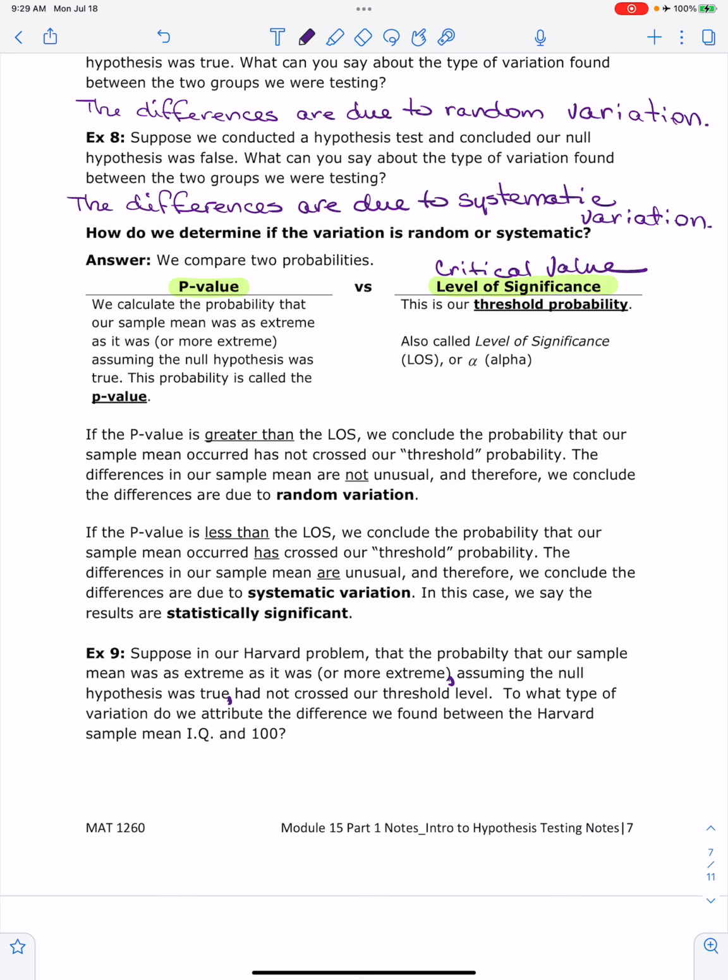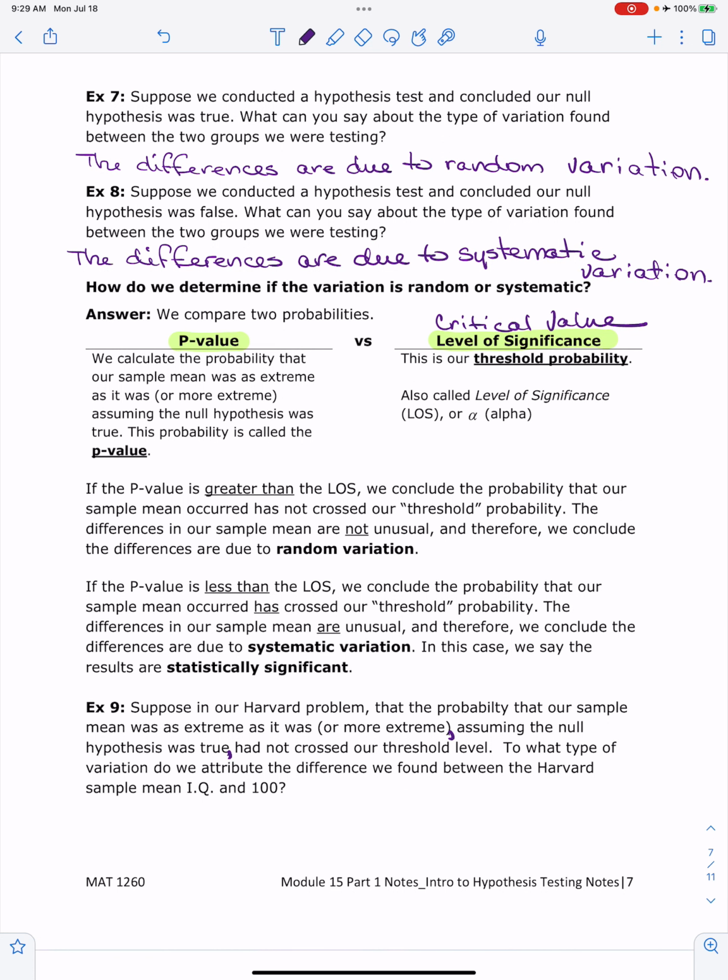So it's not gone into the tails. To what type of variation do we attribute the difference we found between the Harvard sample mean IQ and 100? This is going to be a random variation. It's not so different that it is living in the tails.